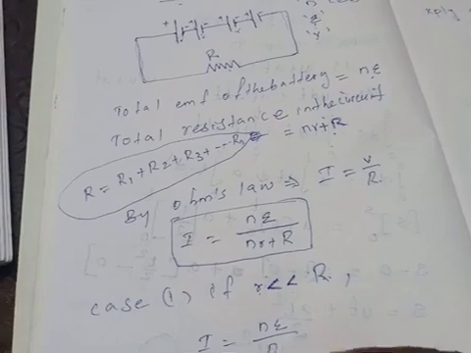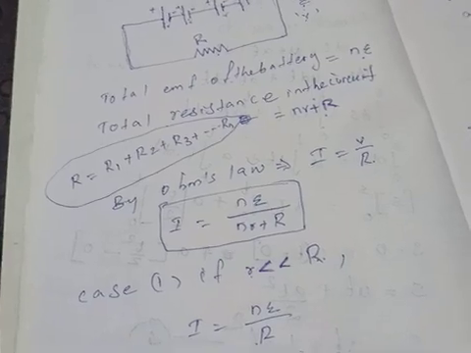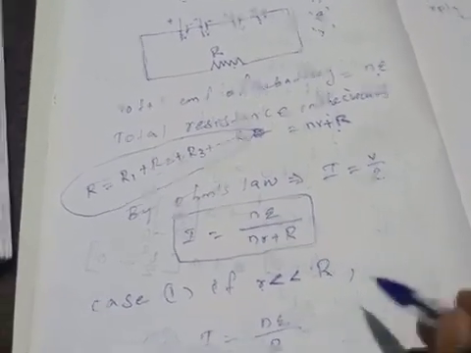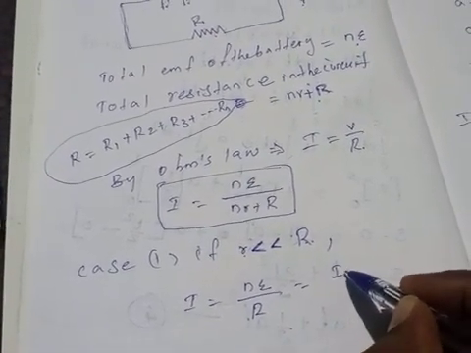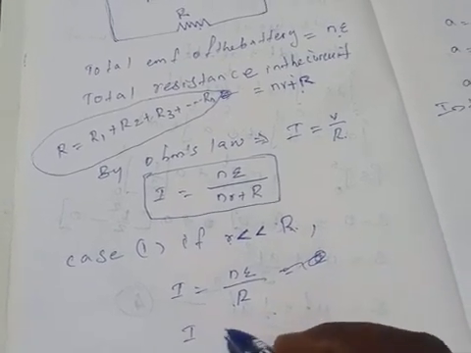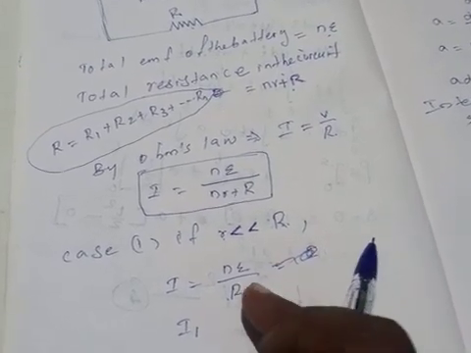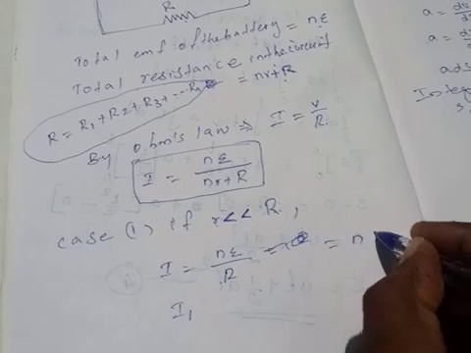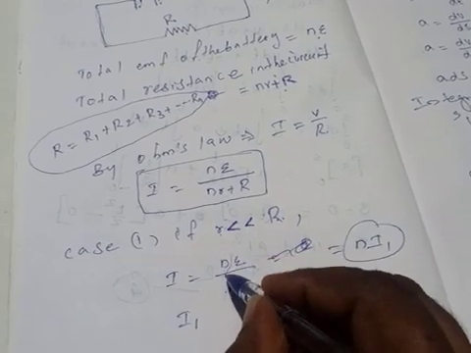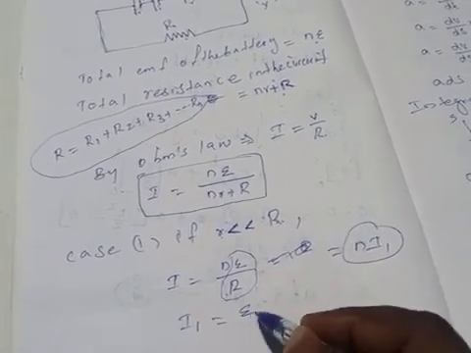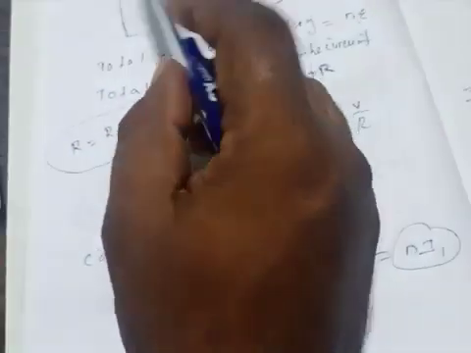So from the formula, we can write I is equal to n epsilon by R, since r is neglected because it is very small. So you can write I is equal to n into I1, where I1 is equal to epsilon by R. What does I1 mean? The current in a single cell.